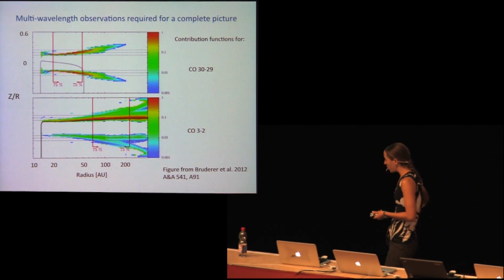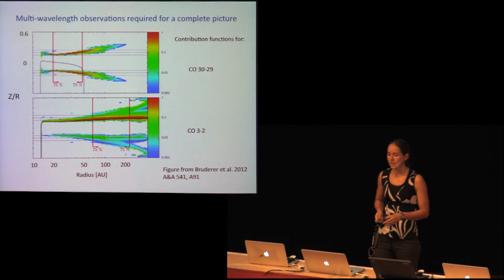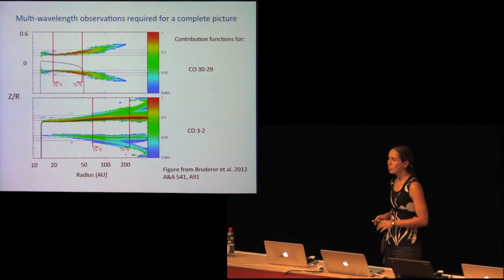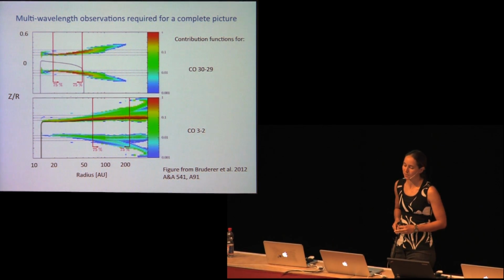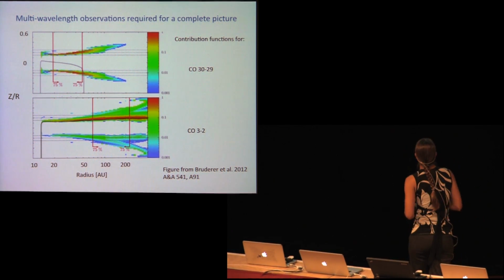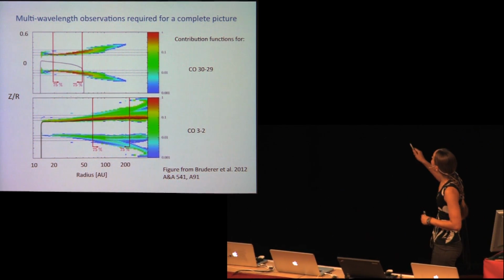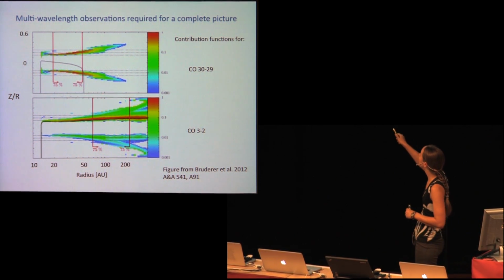Now, it's important to realize that when you want to study chemistry of disks, it's really important to use a variety of facilities that cover a range of wavelengths. This is a nice illustration of that from Simon Bruderer et al. It shows the contribution for a given line in the disk.